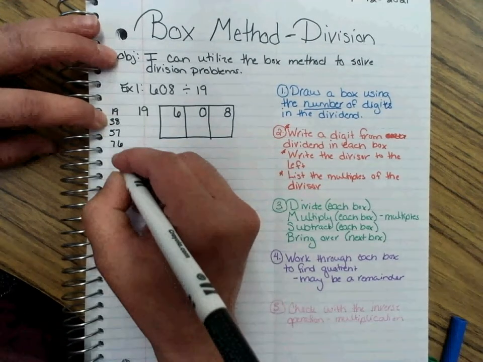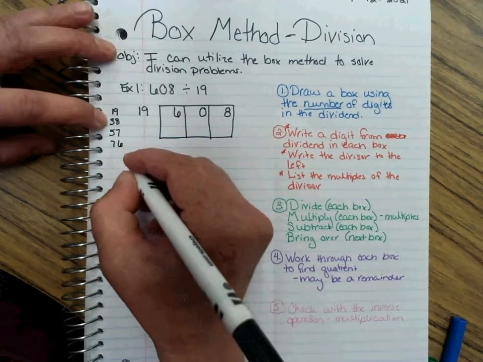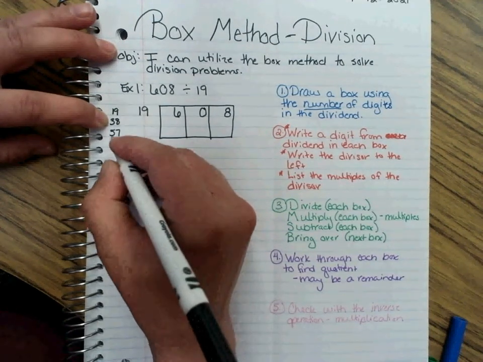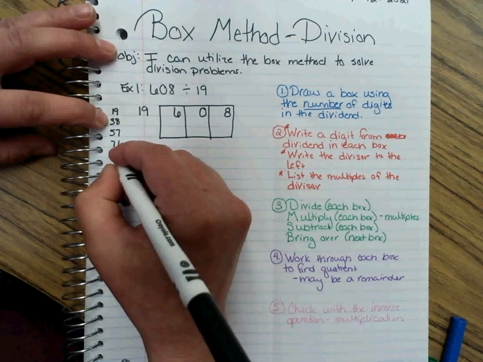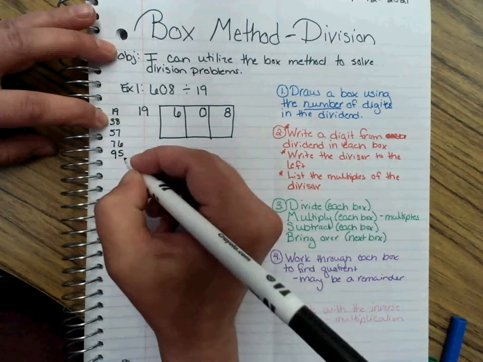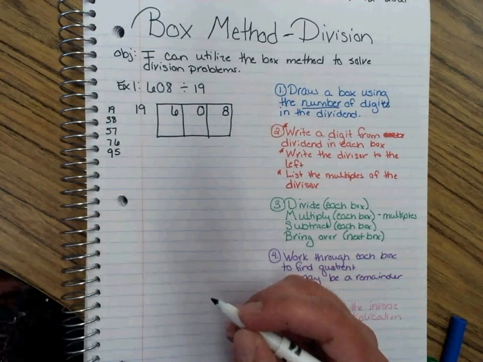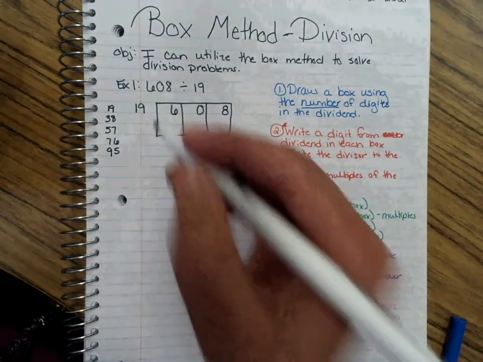Okay, so once again we have a pattern. We did this the other day. Something just like this. So this next one's going to be 95. Okay, so I'm going to stop right there and see if I need to go any further later on. So I'm going to start here.